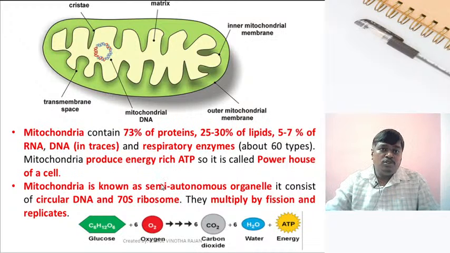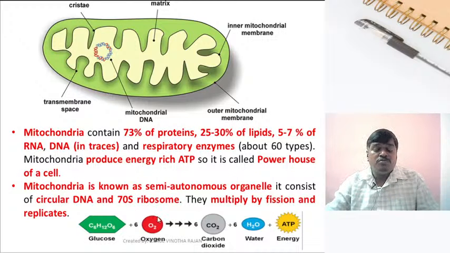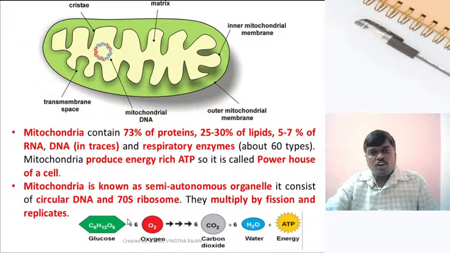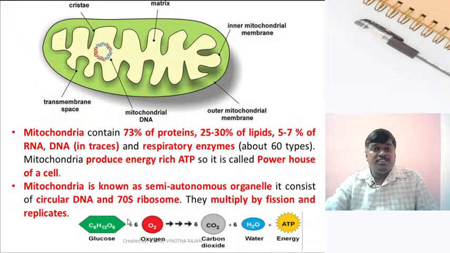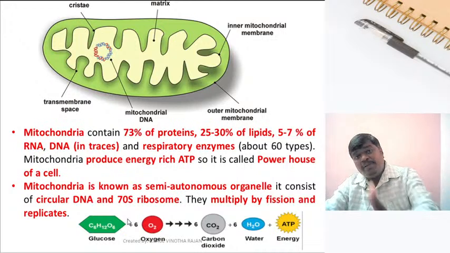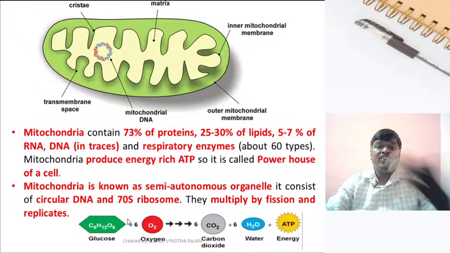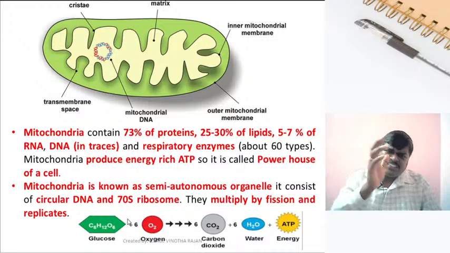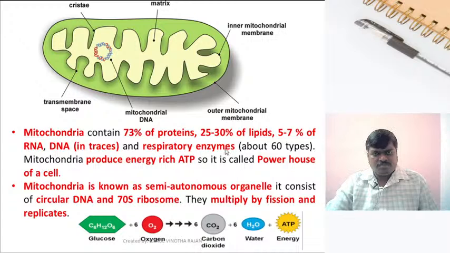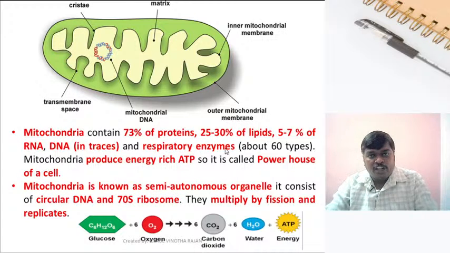And also it has ribosomes, 70S type of ribosomes, which are usually seen in prokaryotic organisms. They can even multiply themselves by a process called fission and also replicate. So one mitochondria becomes two mitochondria. They can self-replicate. And this is the site for respiration. It is a respiratory organelle.